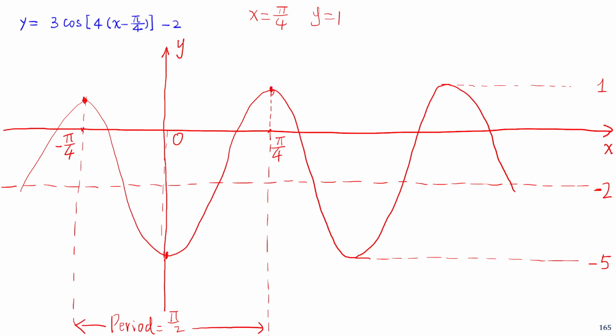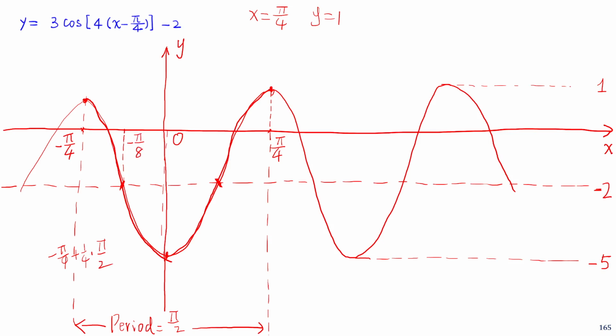And actually, this is one of the periods from negative a quarter pi to positive a quarter pi. Then usually we'll also need to mark this key point and this key point, because this point here to negative a quarter pi is a quarter of the period. So that's negative a quarter pi plus a quarter of the period, which gives us negative an eighth pi here, right?